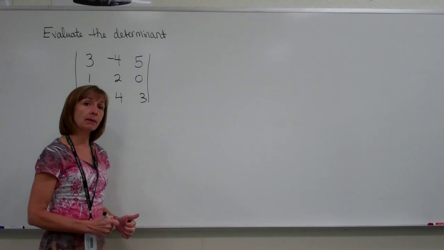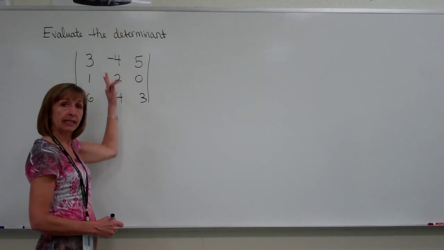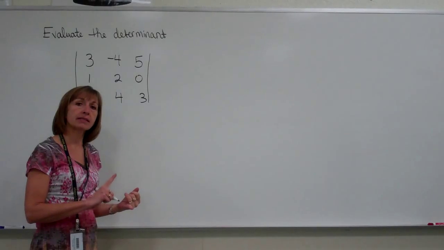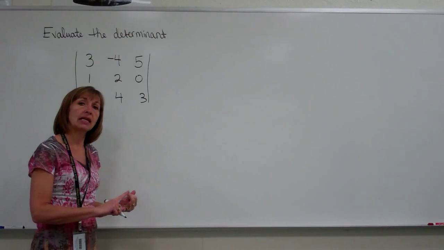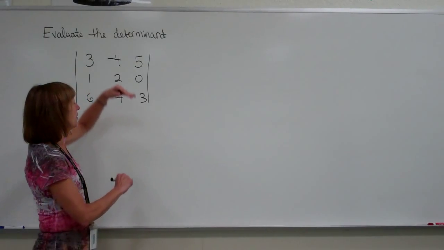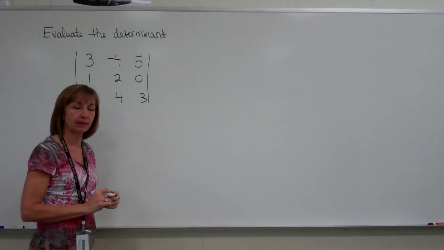And to expand it by minors, we need to go along any row or any column and go through a process where we have the correct sign between the terms, the element from the matrix or the determinant, and then the determinant we find by covering up that element's row or column.